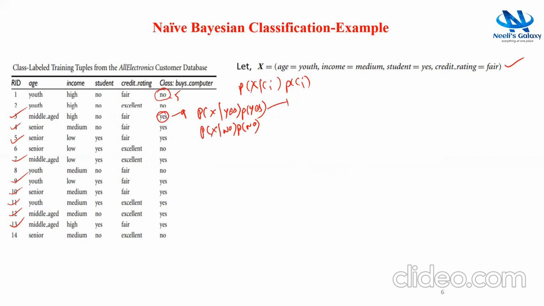So we need to find out these 1 and 2, and after calculating them, whichever has the highest value, to that class we are going to assign the tuple X. So first let me calculate this.